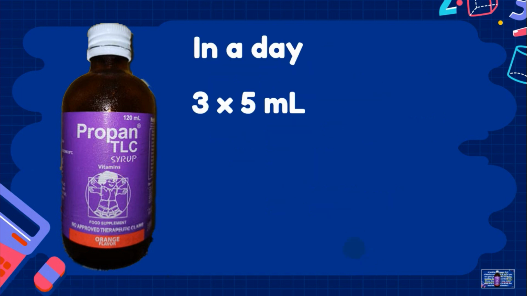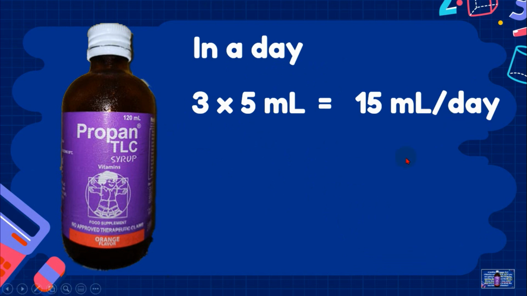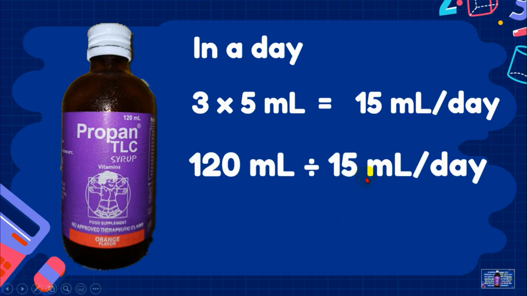Now, sa isang araw, di ba, ang sabi ng doktor, kailangan mong uminom ng 5 ml 3 times a day. So, ibig sabihin, sa isang araw, kailangan mong makainom ng 15 ml per day. Now, para malaman natin kung ilang araw mauubos itong 120 ml o Propan vitamins na to, therefore, yung 120 ml, i-divide lang natin sa 15.